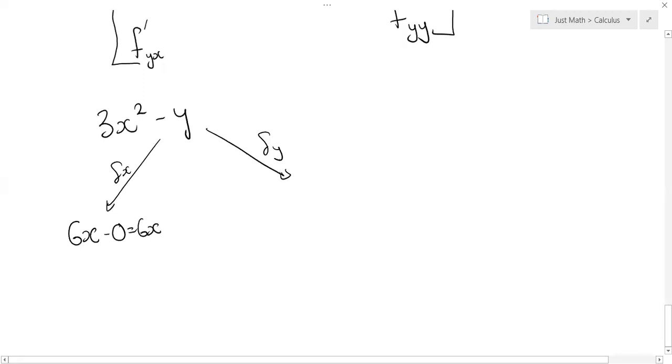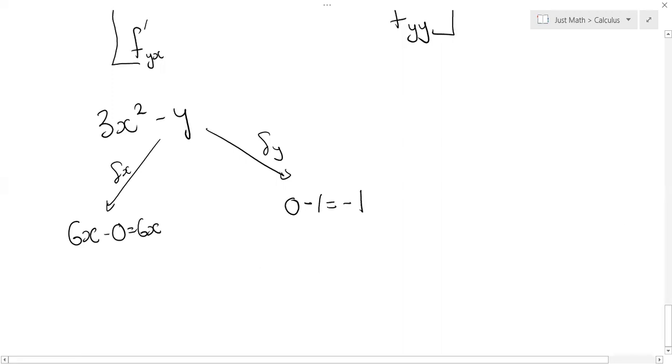And how about with respect to y? We take the x as a constant. That's going to be 0, minus, and what's the derivative of y with respect to y? Minus 1. That's going to be minus 1.